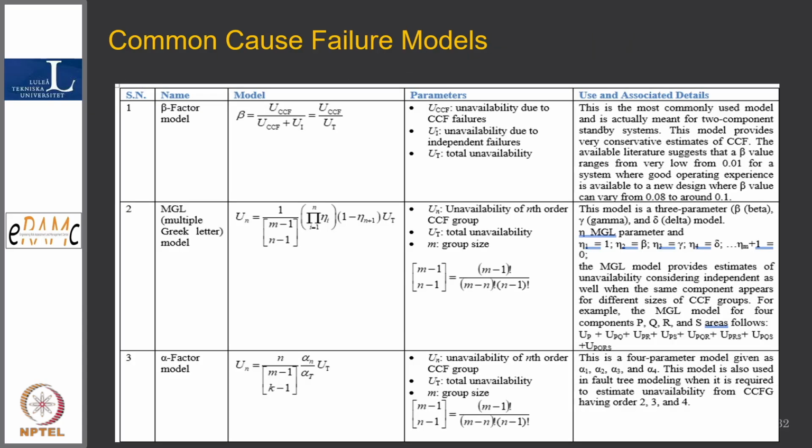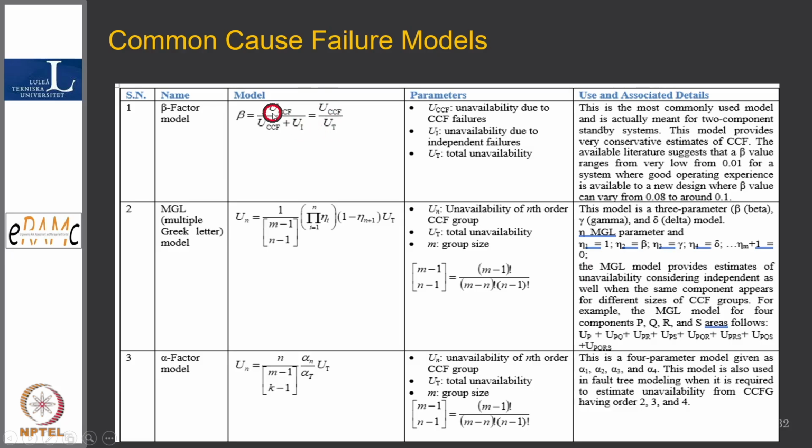And then there are different models. So this is the most used model, called the beta factor model. Beta is a ratio. I am using U, it could be failure rate also, it could be anything, but I am using U to mean unavailability. Unavailability of common cause failure divided by total unavailability.